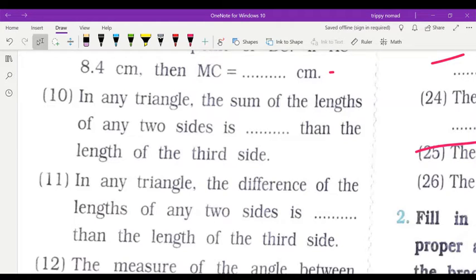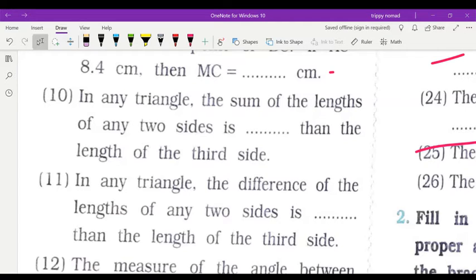Now, on the basis of that, you have to give the answer. In any triangle, the sum of the lengths of any two sides is dash the length of the third side. Already we have done many sums on the basis of this statement in the textbook. Now, in the revision part, you will write directly the answer that you have done in the textbook.